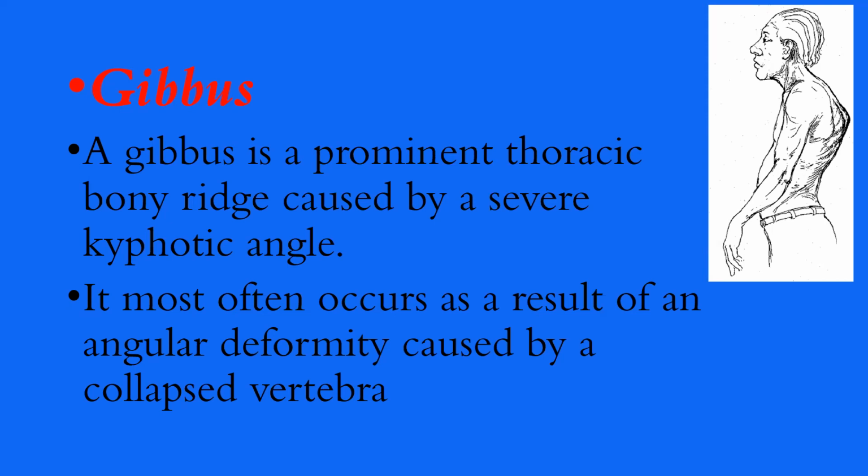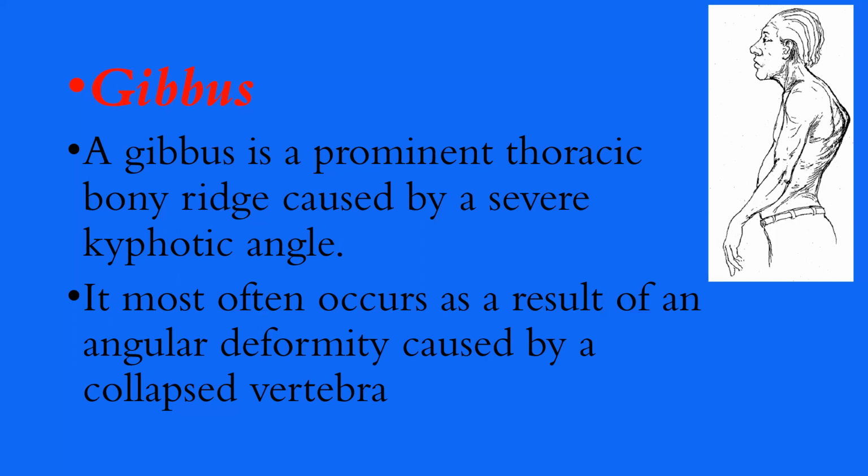We used to see a lot of patients having gibbous when we had a high incidence of tuberculosis. This occurs often with destruction of the vertebral bodies anteriorly. So there's no support anteriorly. So the whole spine bends in an angulation.